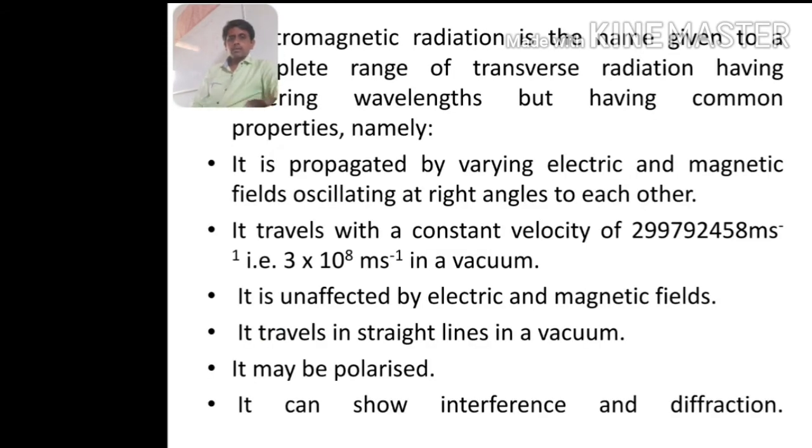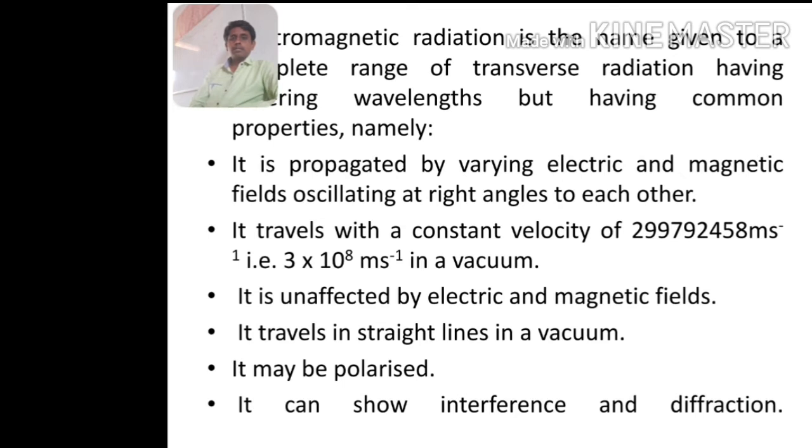Now, electromagnetic radiation is the name given to a complete range of transverse radiation having different wavelengths. Means the range of transverse radiation which have a difference in their wavelength, but they have common properties.